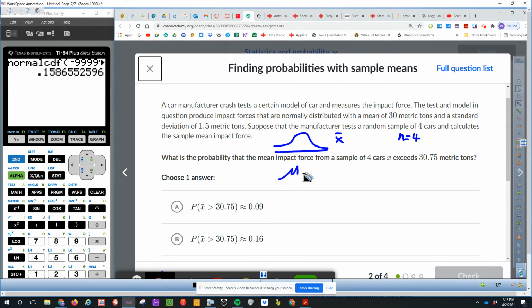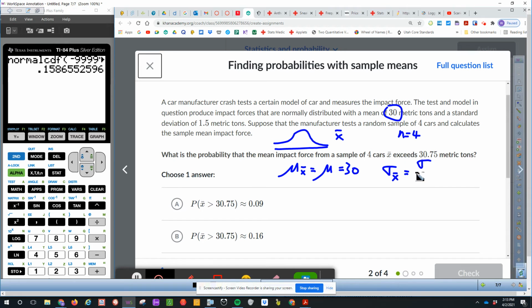Now, what is the mean of the sampling distribution? It should be the mean of the population. In this case, the mean of the population is 30. And what is the standard deviation? It's the standard deviation of the population divided by root n. So, standard deviation 1.5 divided by root 4.